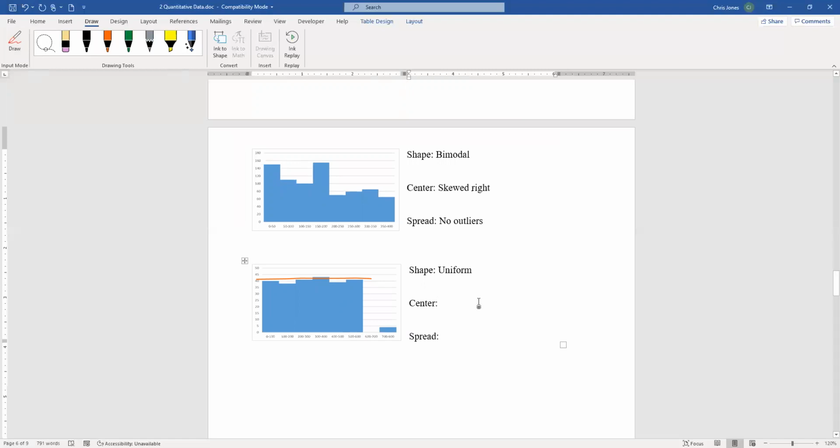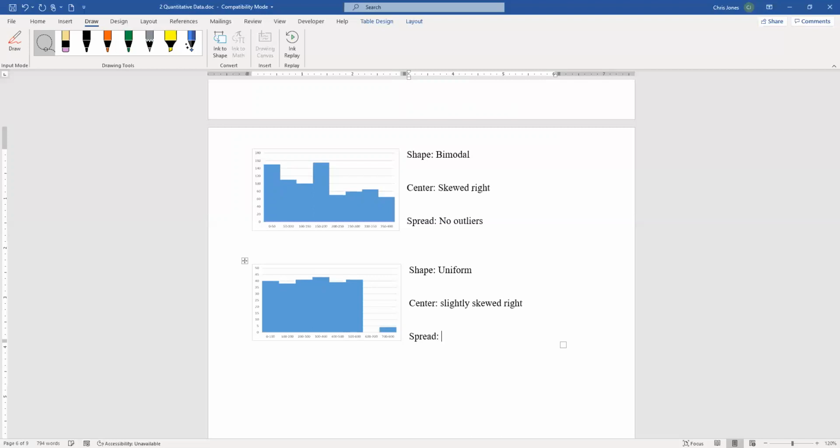The center of the graph is very difficult for us to ascertain from this. If I was to say anything, there's a little bit more data on the left, so we could say slightly skewed to the right. Since more data is on the left, not lightly, but slightly, excuse me.